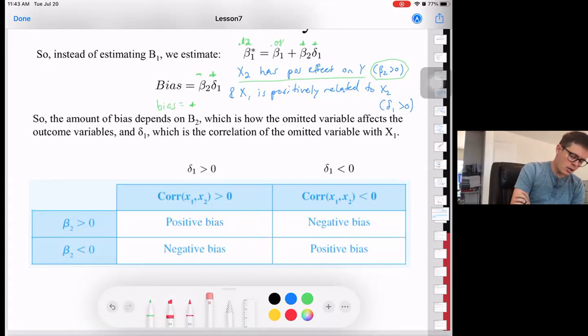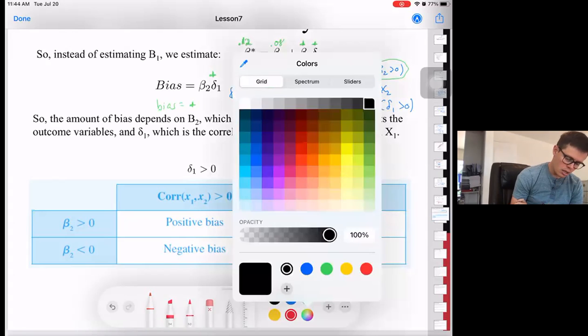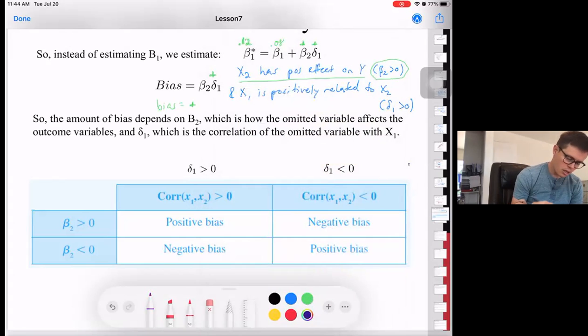So let me do a small example. Instead of beta 2 being positive, what if beta 2 is negative? So there's a negative relationship between x2 and y.